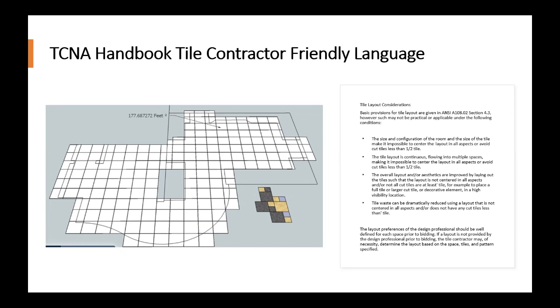There's 4 bullets here that I think are very important. The size and configuration of the room and the size of the tile make it impossible to center the layout in all aspects and avoid cut tiles less than half a tile. It's a fact. It's absolutely impossible. The tile layout is continuous, flowing in multiple different rooms or multiple spaces, making it impossible to center the layout in all areas.